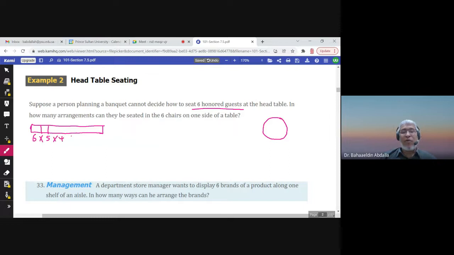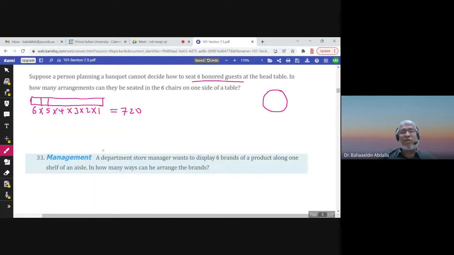Then 4, then 3, then 2, and the last one will sit in the last chair. So these are the number of arrangements. 6 times 5 times 4 up to 1. And if you multiply these numbers, you will get 720. So there are 720 arrangements.